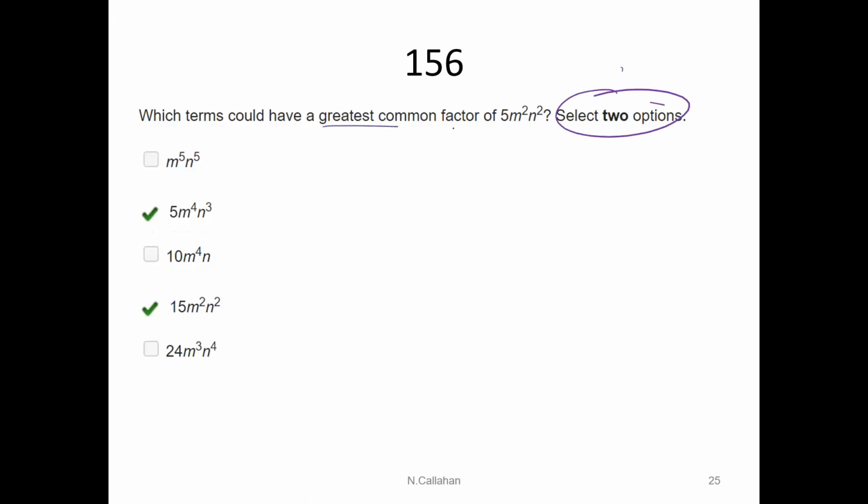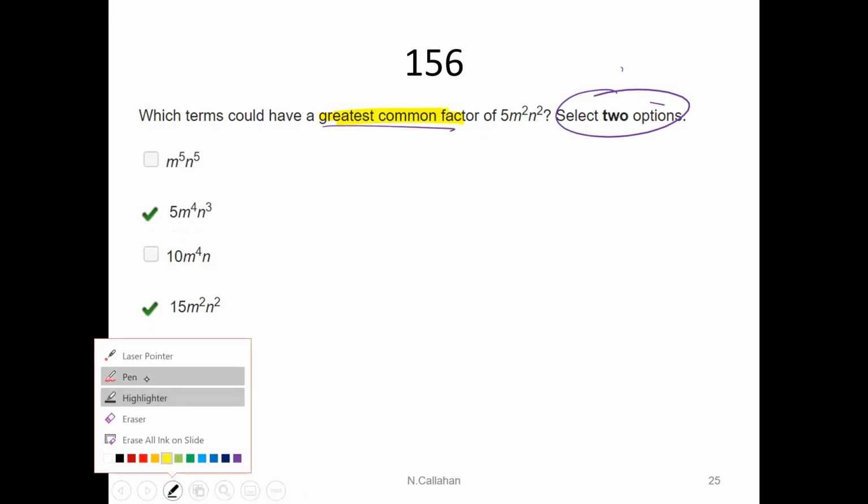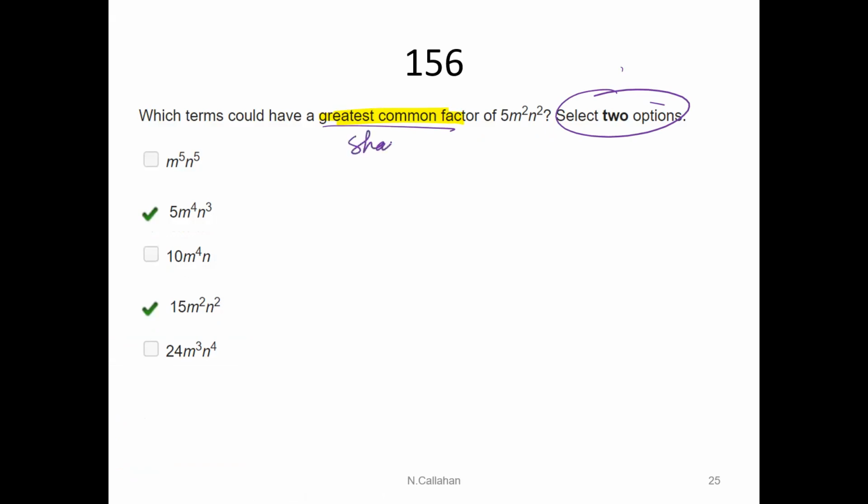Which terms have the greatest common factor? So you want to highlight the words greatest common factor. What it means is, what do they share? So you have 5m squared n squared.